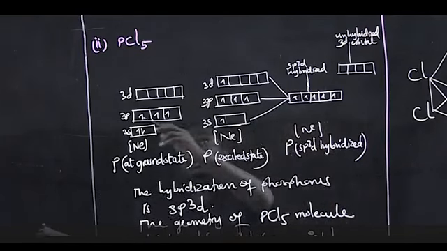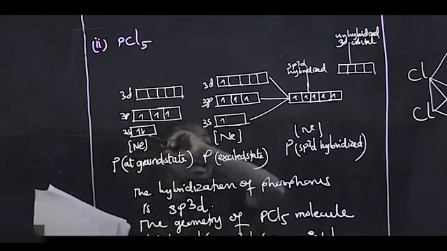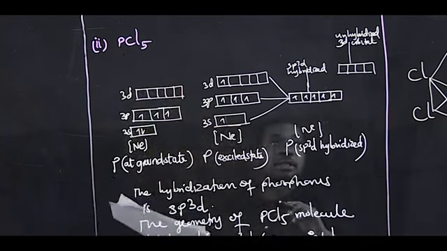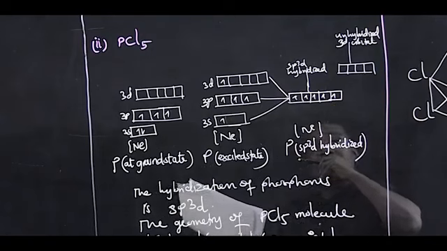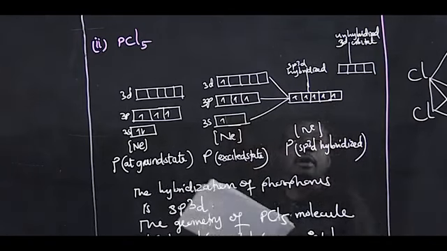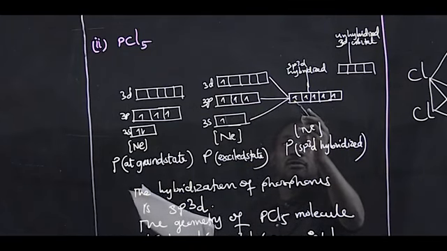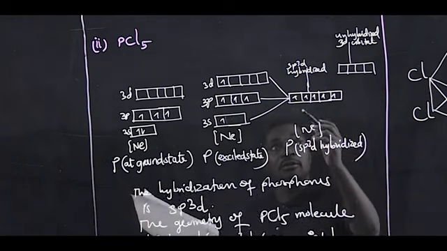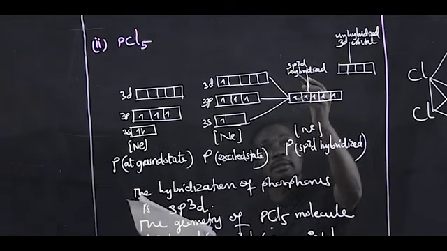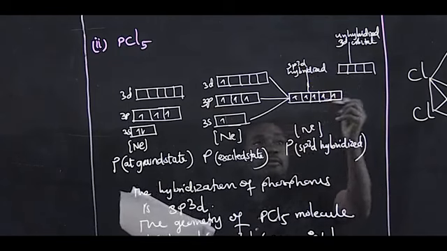So during chemical combination between phosphorus and chlorine, chlorine has only 1 unpaired electron, and combines with phosphorus having 5 unpaired electrons. Through combination, all 5 unpaired electrons of phosphorus are involved in the formation of sigma bonds, and the hybridization of the central atom phosphorus becomes s, which has 1 electron, p having 3, and d having only 1.